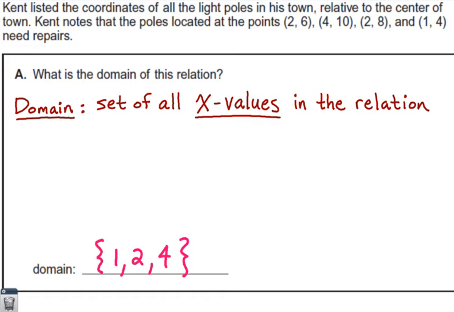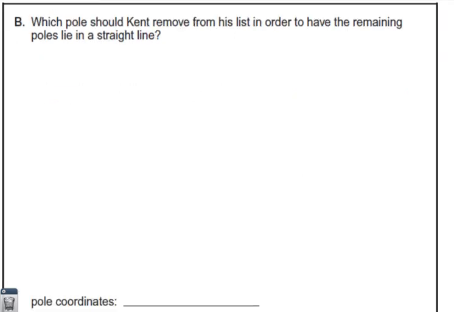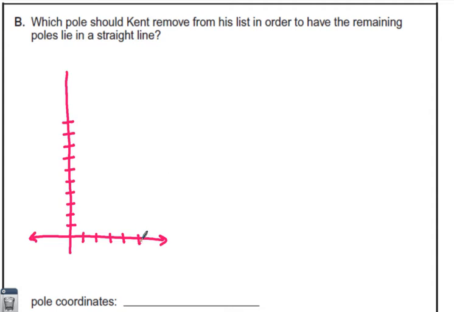2, 6, and 4, 10. Which point should you remove in order? Okay. Anyway, I'm going to do it another way. 1, 2, 3, 4, 5, 6, 7, 8, 9, 10. 2, 3, 4, 5.